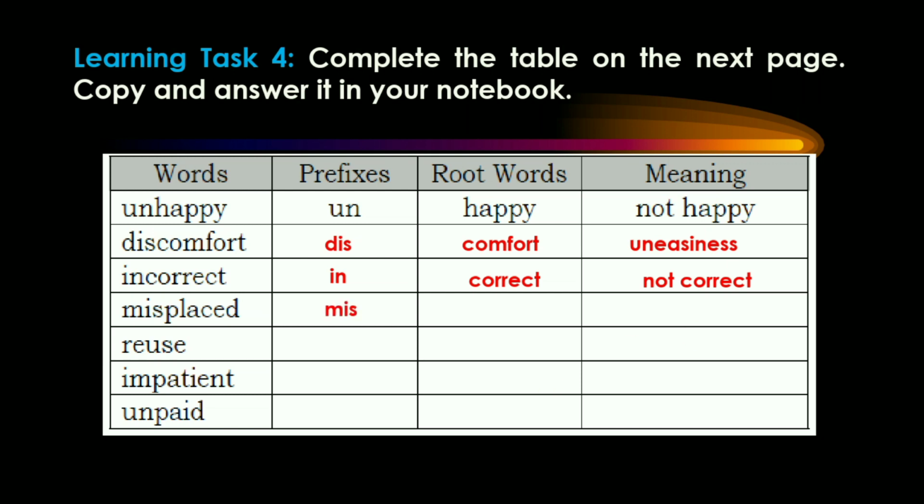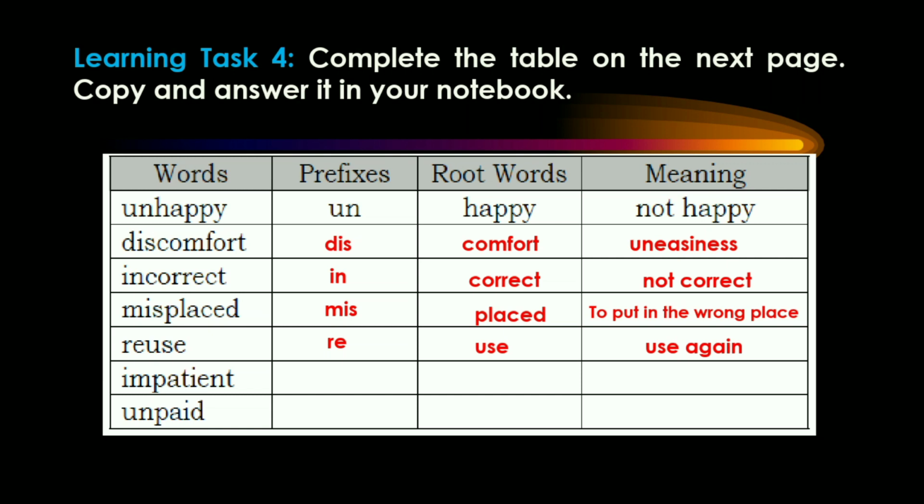We have the prefix mis, the root word place, the meaning to put in the wrong place. Okay? And we have the word reuse. Reuse, the prefix is re. The root word is use and the meaning is use again because re means again.